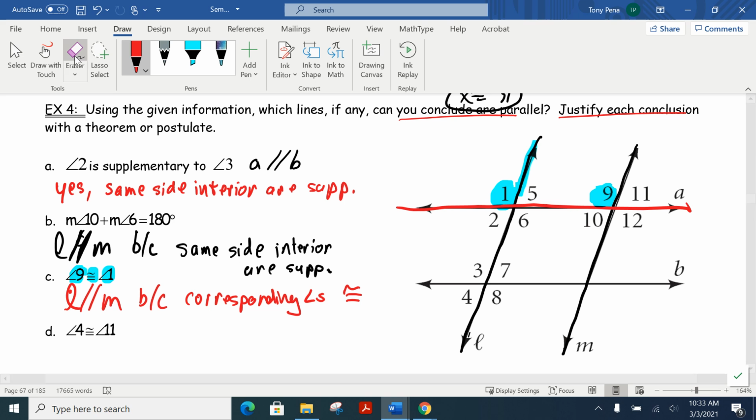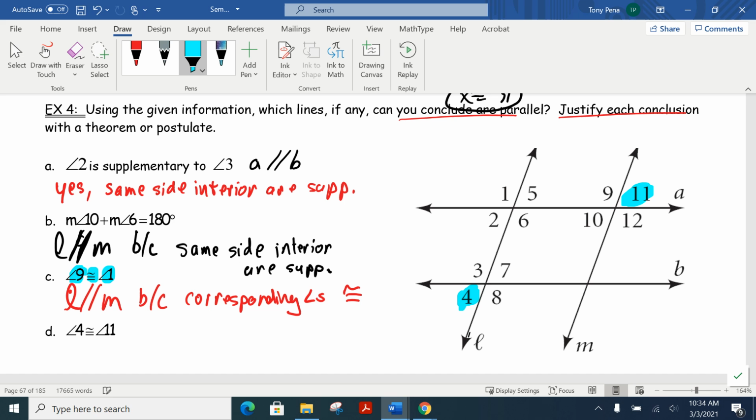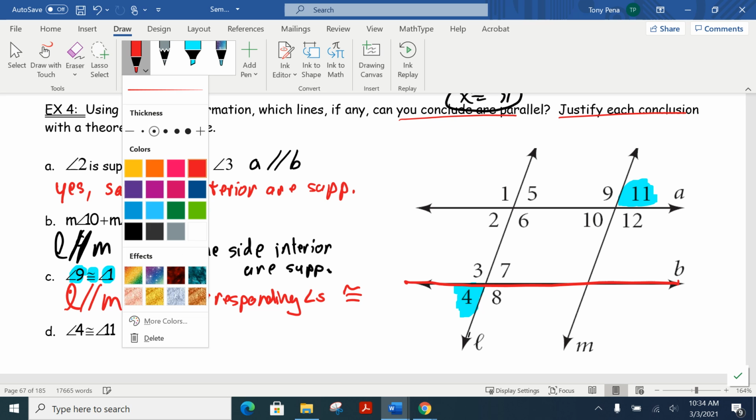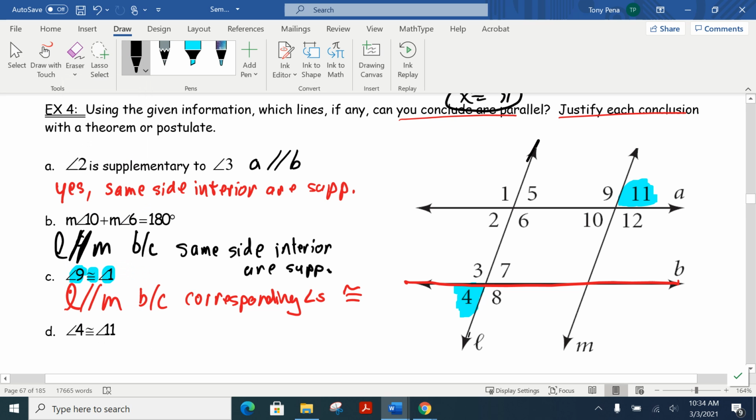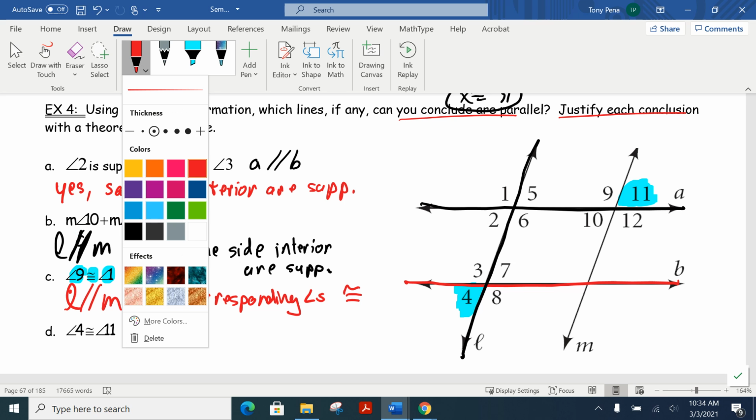All right, let's get one more done real quick here. The next one, 4 and 11 are congruent. So here's angle 4. Here is angle 11. Now think about how these angles are formed. This angle is formed by this line and this line, but then angle 11 is formed by this line and this line.